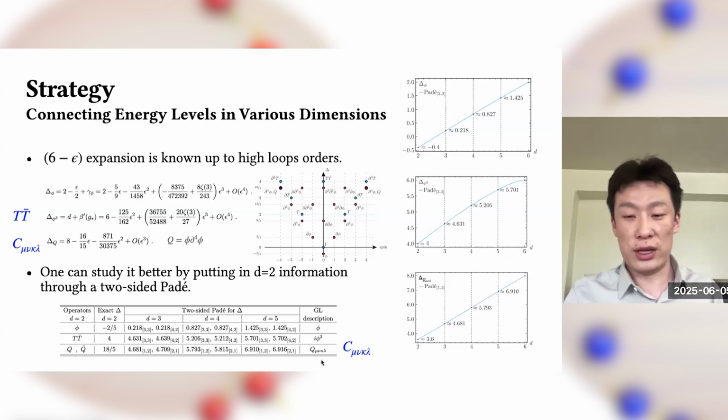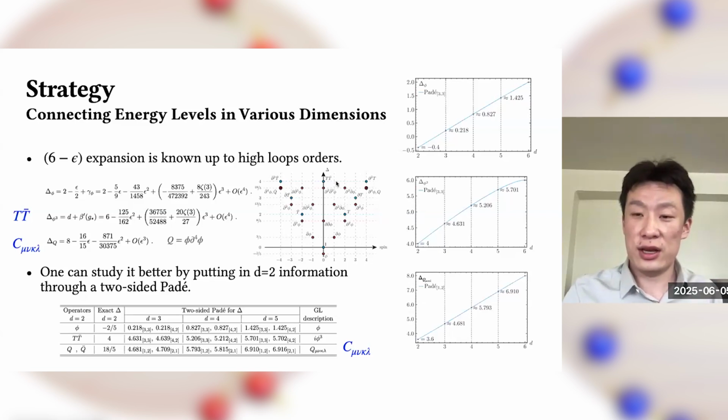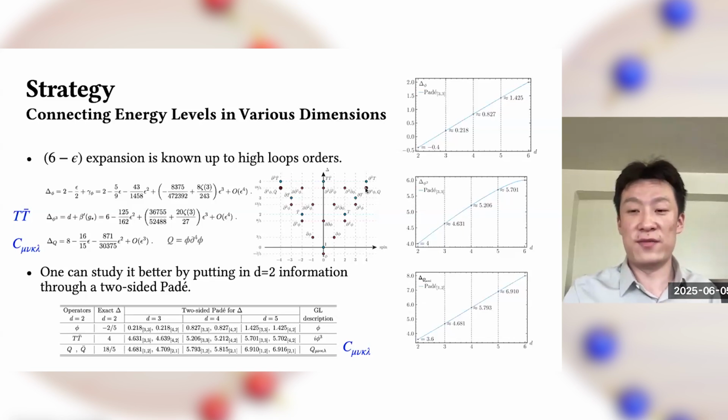We call it Q, and Juan calls it C, and Rihua calls it X. In this plot, which is a plot of the spectrum in 2D, we see that the low-lying primaries are actually very sparse. We only have phi, the stress tensor, TT-bar, which is the phi-cubed operator, and the spin 4 primary, and everything else is a descendant.